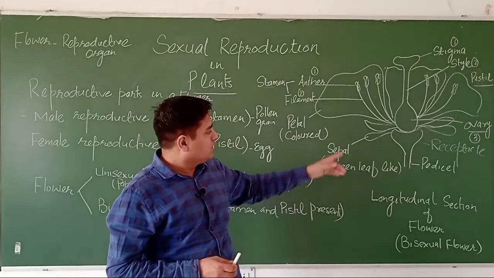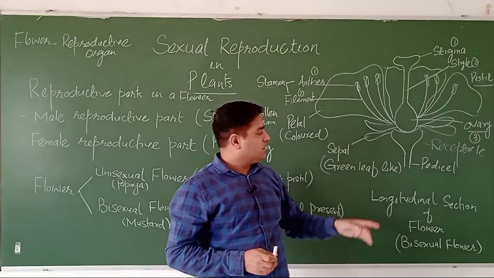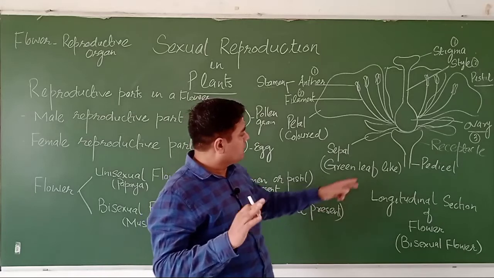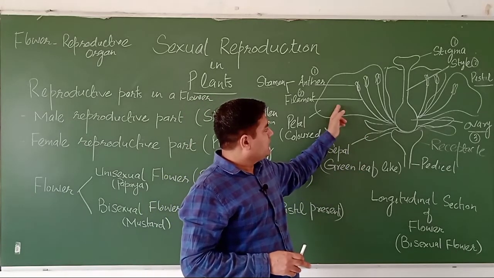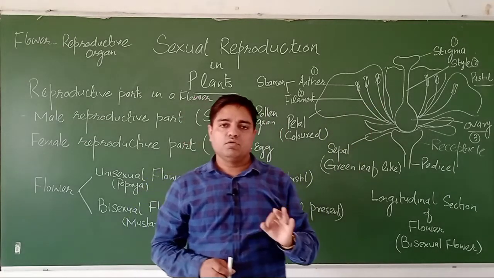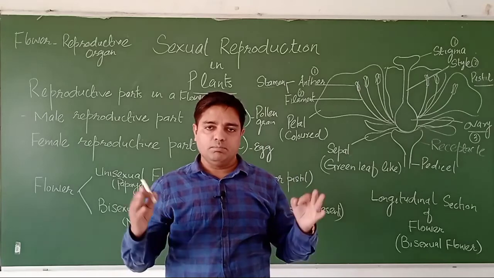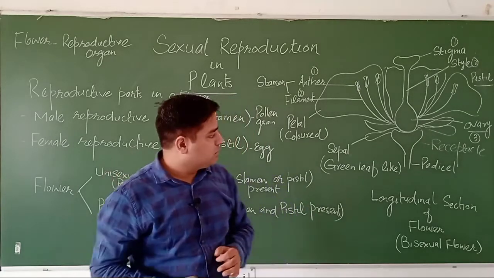Complete flower means all whorls. There are four whorls in a flower: the outermost is sepal, then petal, stamen, and pistil. These are the four parts of a bisexual or complete flower.